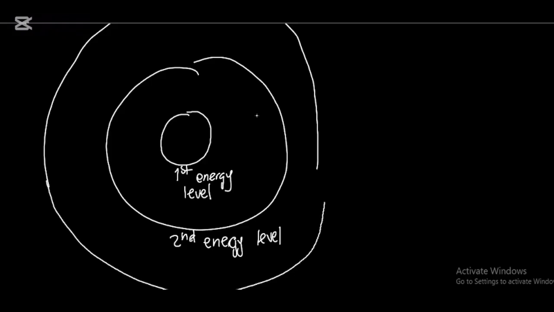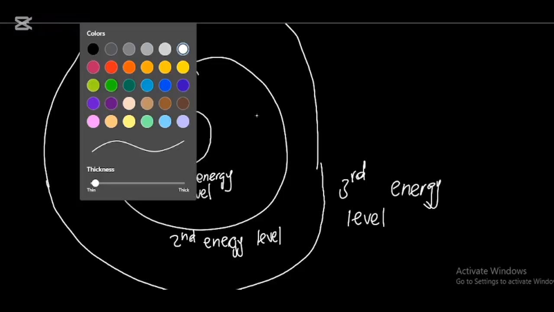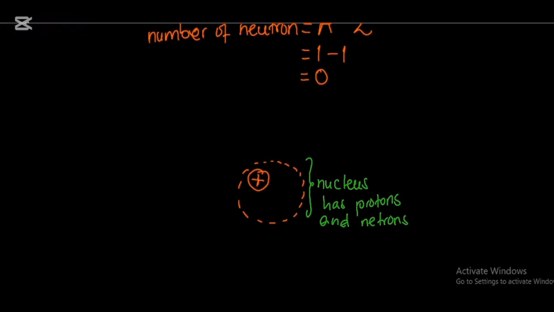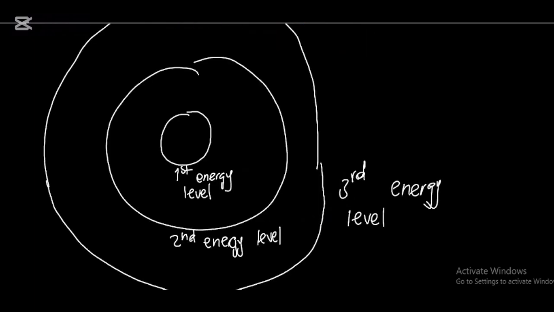And then the third energy level. Right? So now, on all these energy levels, we have only electrons. Remember, inside the nucleus we have protons and neutrons. But on energy levels, we have only electrons, right?